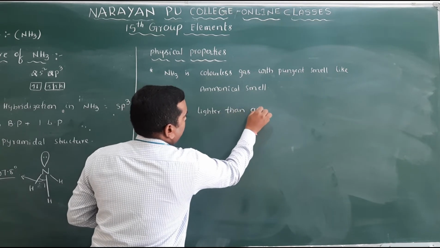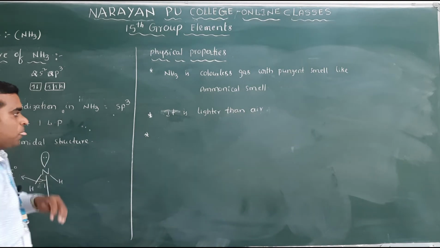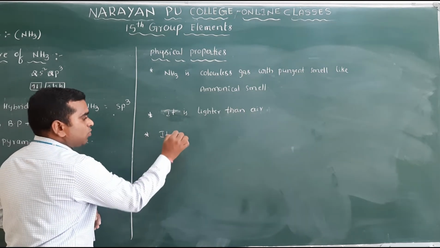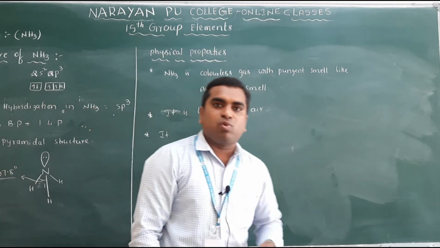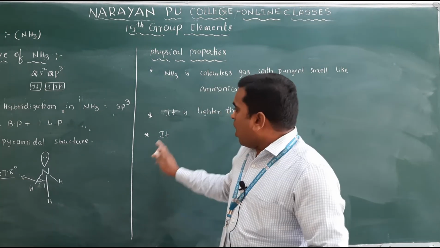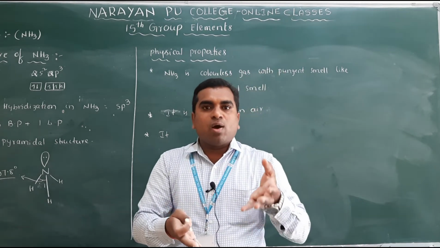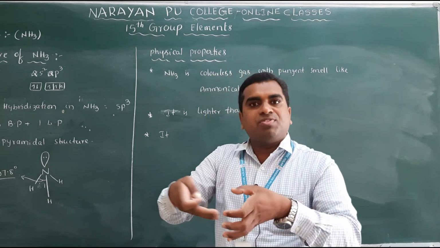And the third one, if you see, it is highly soluble in water. I already mentioned this previously when we discussed the solubility of 15th group hydrides. Ammonia is highly soluble in water. Why? Because ammonia can form hydrogen bonds with the water molecule.